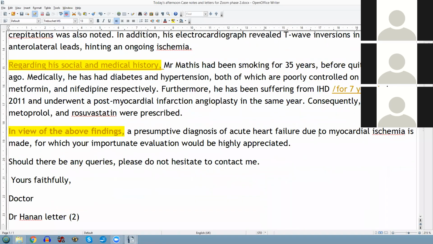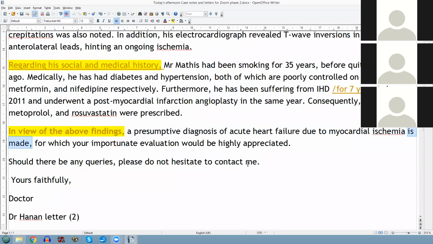Subject diagnosis is made. Well, you have made it. Why are you using passive? I wouldn't use it. You know, I diagnose. I presumptively diagnose. Is made. Why would you be using present simple passive? That's not so good.